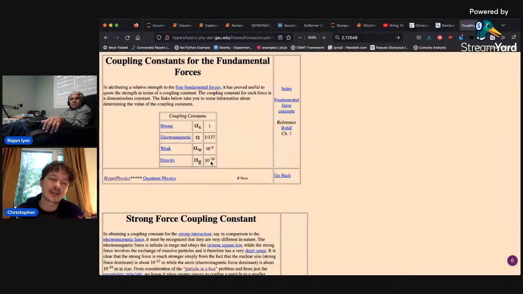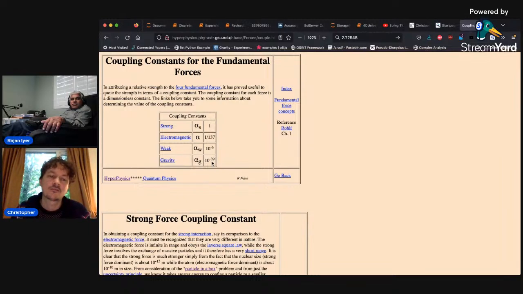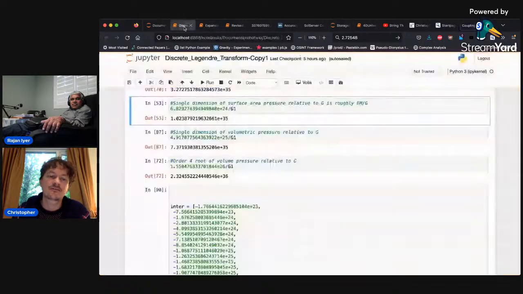See, gravity is 10 to the minus 39, but electromagnetism is 1 to the minus 3, if you like. So that's the equivalent alpha or alpha g. Right. Yeah. So then that becomes 10 to the minus 36, which is fairly close to what we have here, which is the inverse of that.